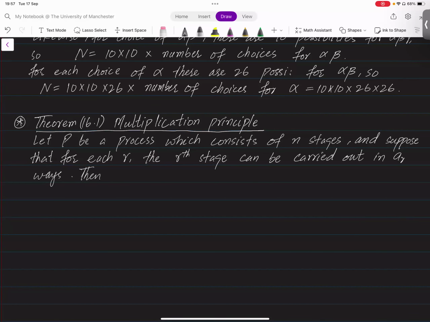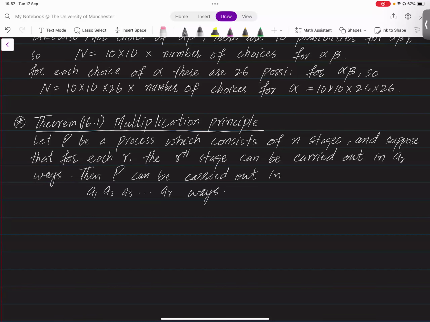Then P can be carried out in a1 times a2 times a3 up to an ways. This is the multiplication principle.